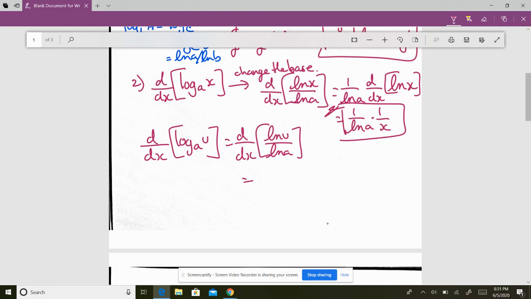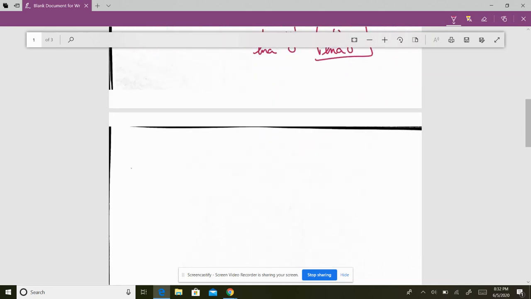So really the derivative of the natural log of u is u primed over u. So we get 1 over the natural log of a times u primed over u. Clean that up, it'd be this. Again, you can remember the formulas if you want. I find it easier just to use natural log on each side of the equation.